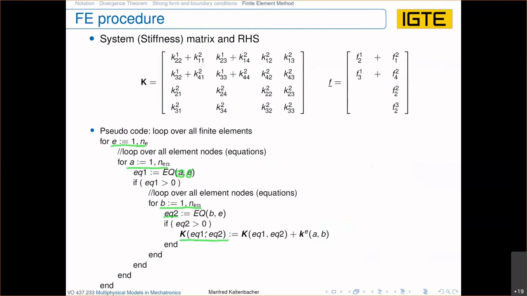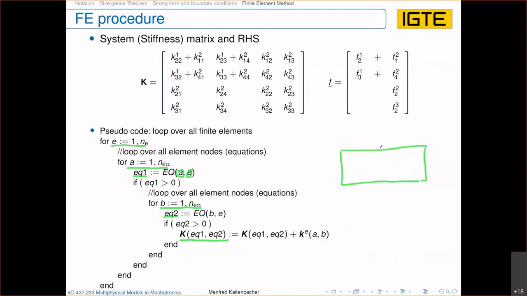It is at the position equation 1, equation 2, exactly what we have obtained here, equation 1, equation 2. And as you see, you just add the according entry of your element matrix to your system matrix, which you perhaps have already entered. It's clear if I go back here and just make our 2-element example.